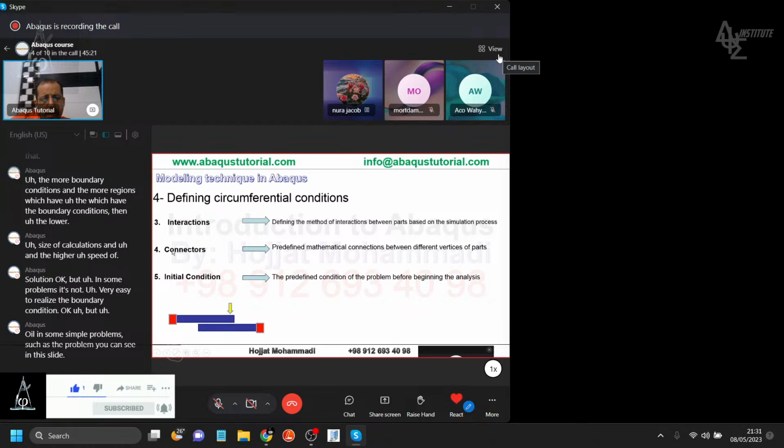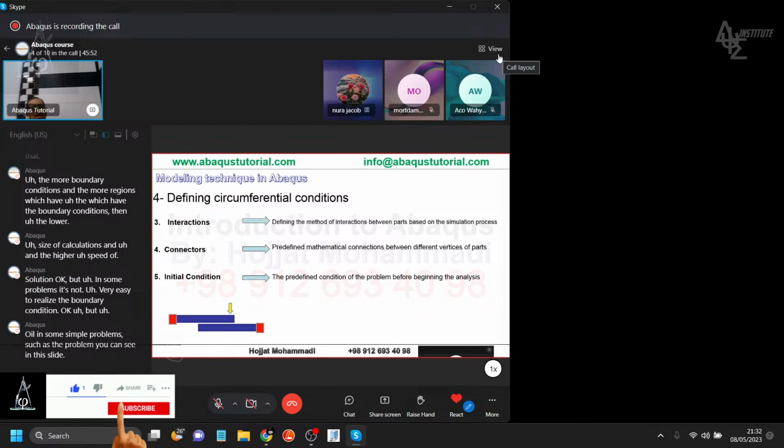Next, connectors, which are predefined mathematical connections between different vertices of parts. For example, if you aim to define a suspension system, a vehicle suspension, you have to define, for example, linear or non-linear spring, dashpot, stopper, and something like that.